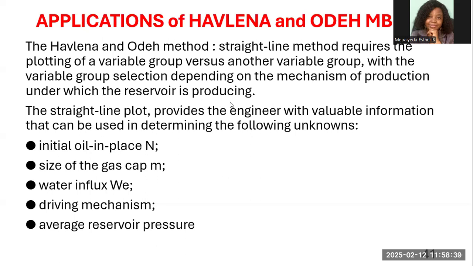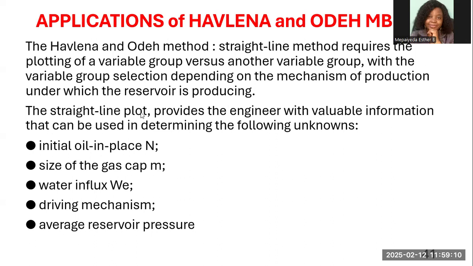So whether it is a variable group from your left-hand side or your right-hand side, you make it the subject based on the straight line equation y equals mx plus c. You are able to plot your variable group y against x, and then calculate whatever your slope is. We'll see in subsequent slides what your slope will be.